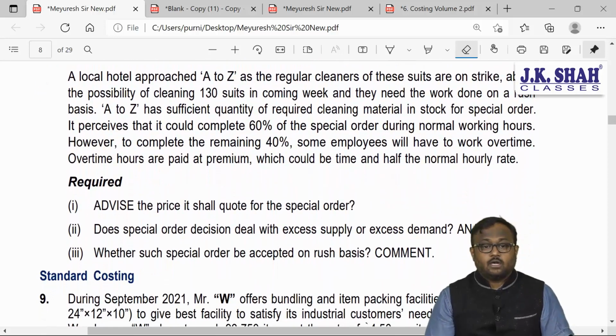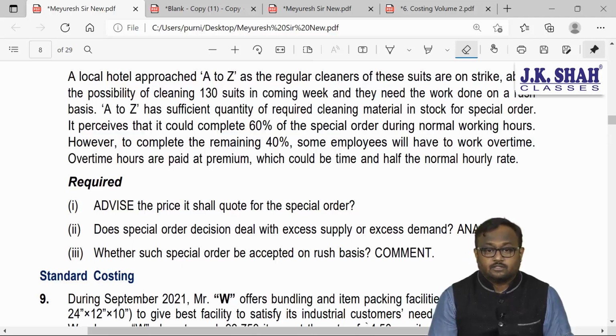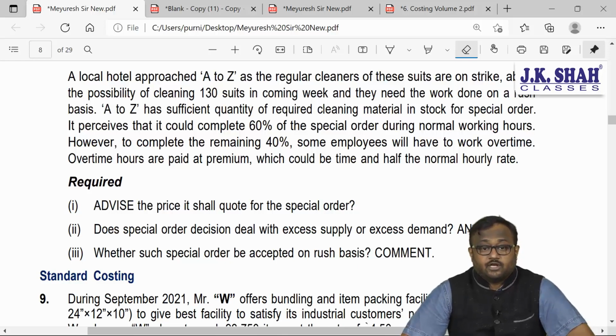A local hotel approached A to Z as the regular cleaners of their suits are on strike in the hotel. So they approached us about the possibility of cleaning 130 suits in the coming week. So there is an offer of cleaning 130 suits now.